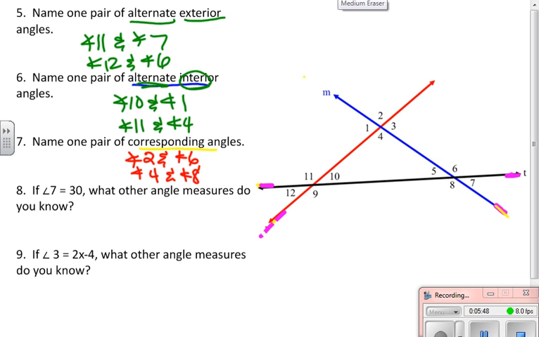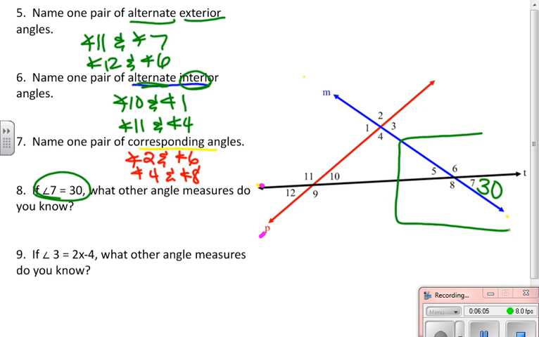When it comes to examples like 8 and 9, we have to look straight at our picture. If we know angle 7 is 30, we're going to go ahead and write it right on there. What other angle measures do you know? Well, I'm really going to focus just on this area because that's all I know right now. My V angles are vertical, so I know angle 5 is 30.